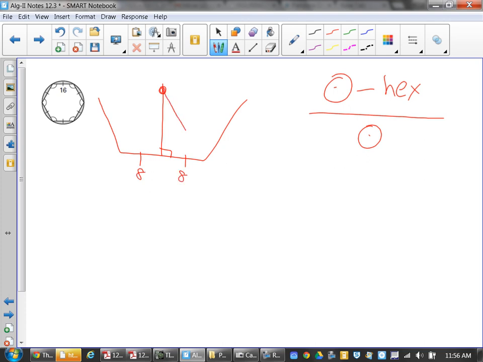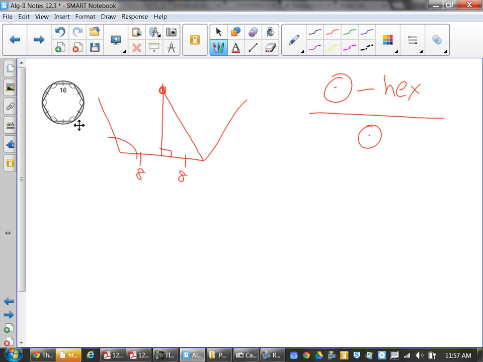Now this is the radius of the circle. When it comes from the apothem to the vertex, it's the radius of the circle. It also bisects that angle. Can you find that out with just the rules? Yes, because how many sides are in that shape? 6. So you can do 6 minus 2 times 180, all over 6, to find each angle.